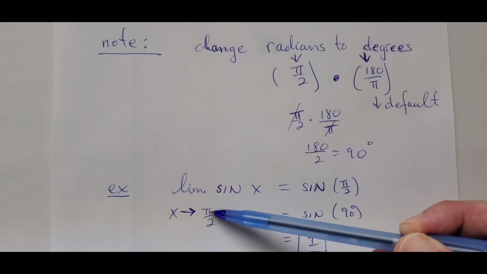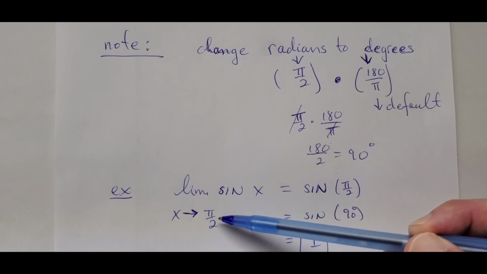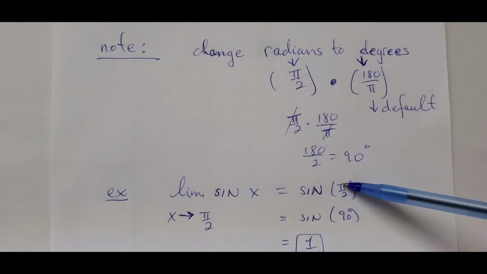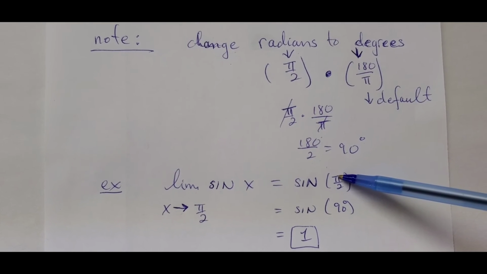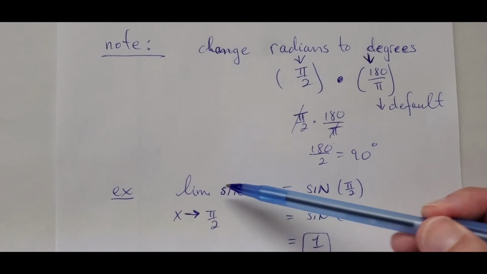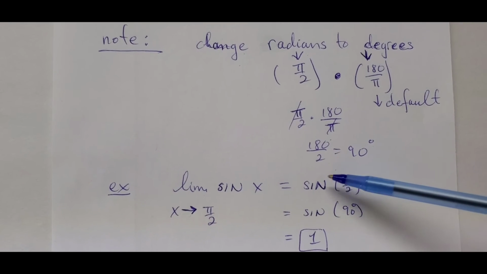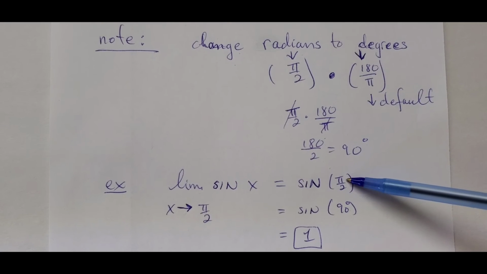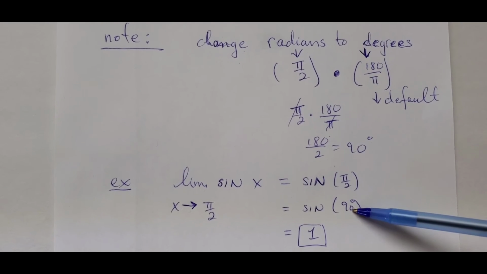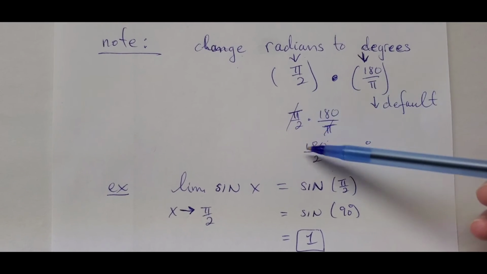When you do this, make sure it is in degree mode. So rewrite it: plug in pi over 2, find out what the degree is, which is 90, as I showed you up here.